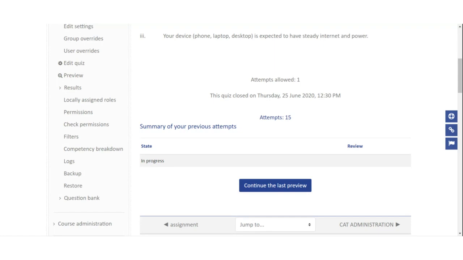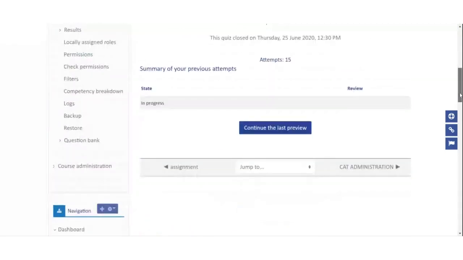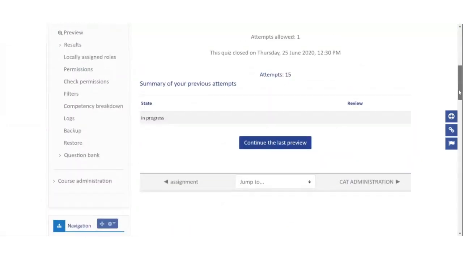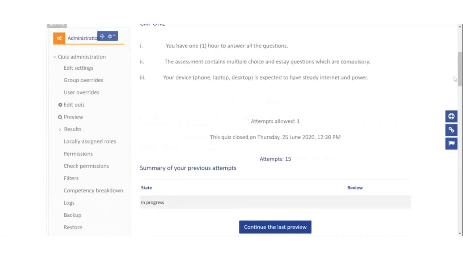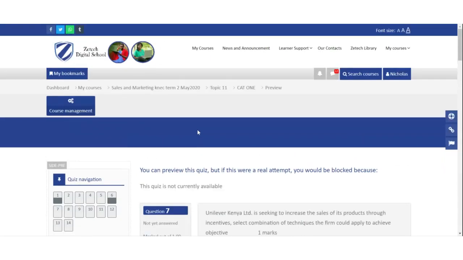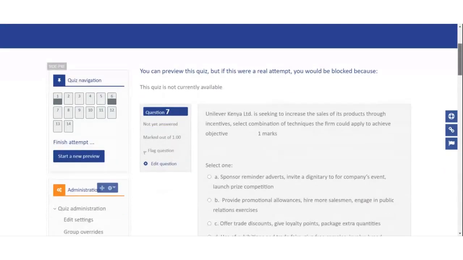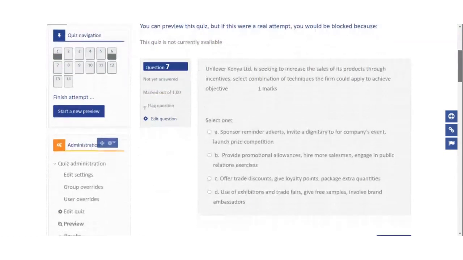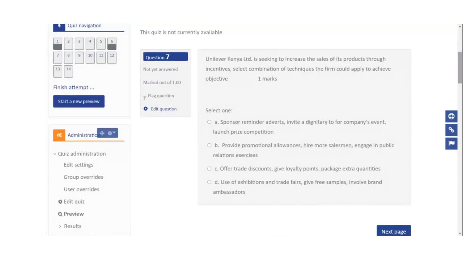Was there any challenge with the CAT? So we can take a look at it. Let's do a revision on it. Most of it was multiple choice questions.